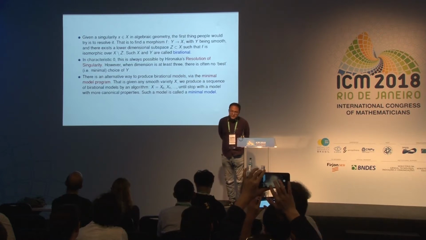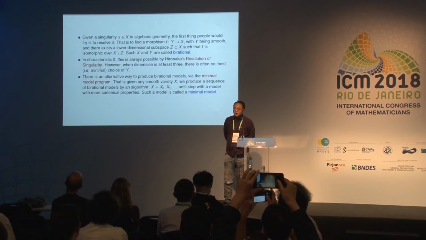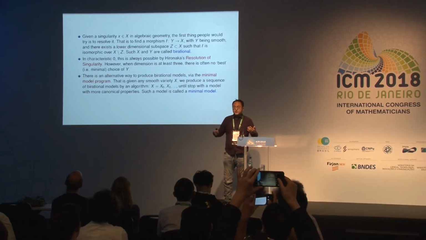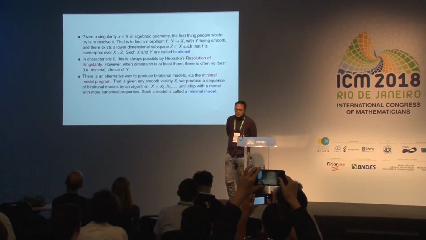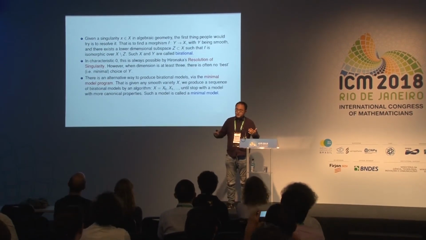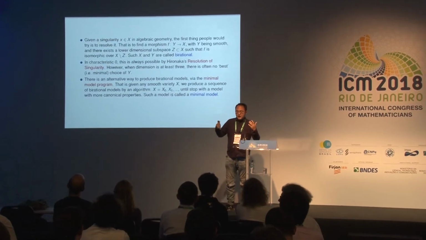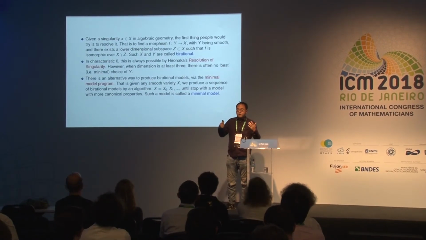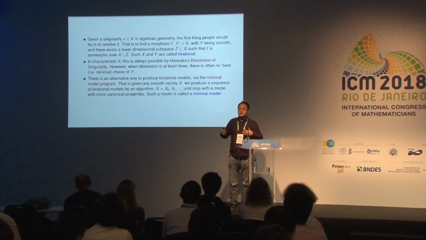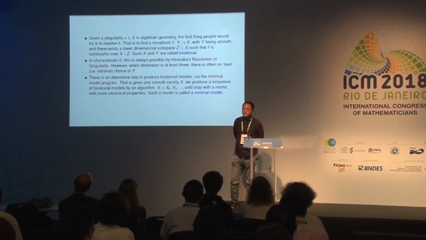So if it's your first time seeing this kind of thing, you may naturally wonder why birational is a good notion. The main reason is that in algebraic geometry, it's very sensible to study those functions which are defined everywhere except along some lower dimensional set. This kind of function we call a regular function or meromorphic function.